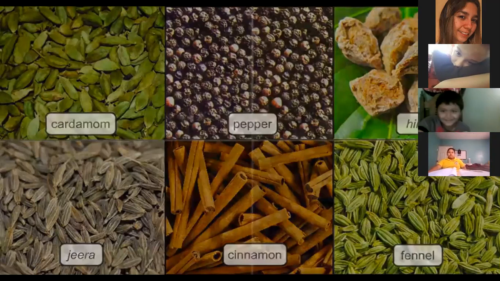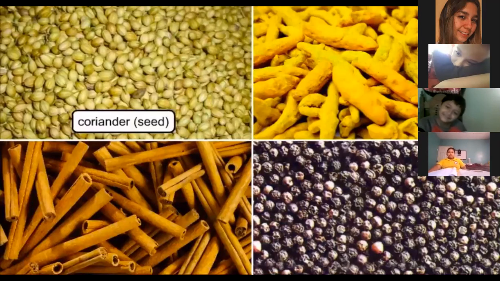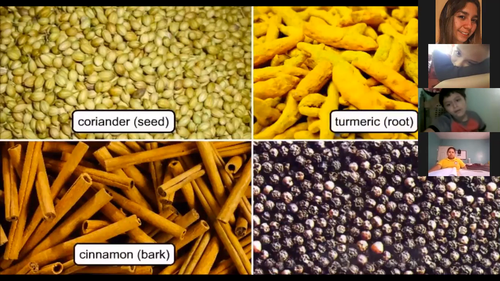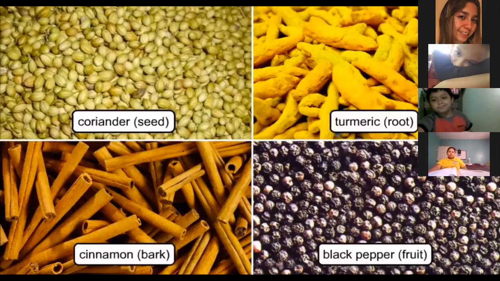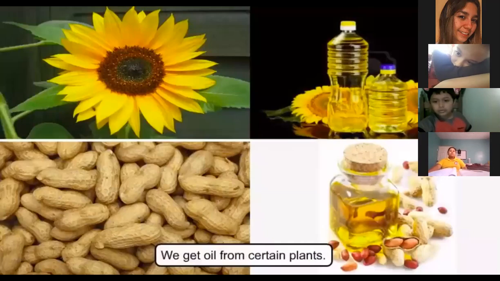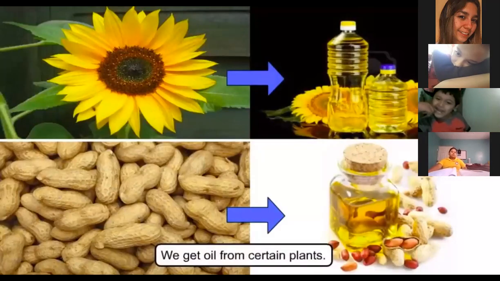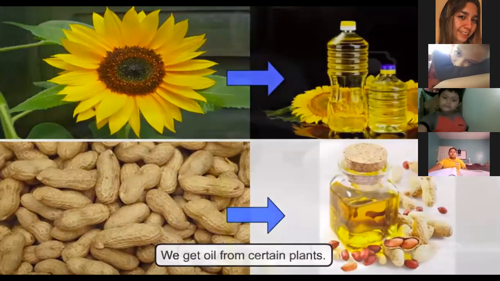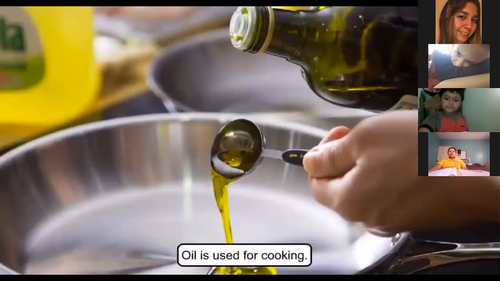A spice could be a dried seed, root, bark, or fruit of plants. We also get oil from certain plants. Oil is used for cooking.